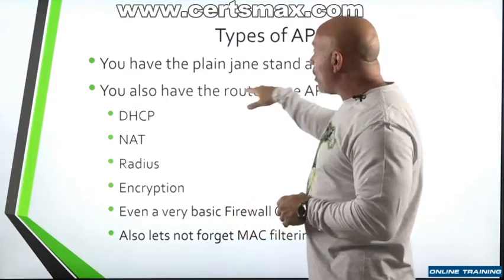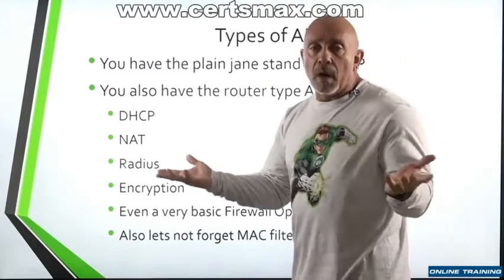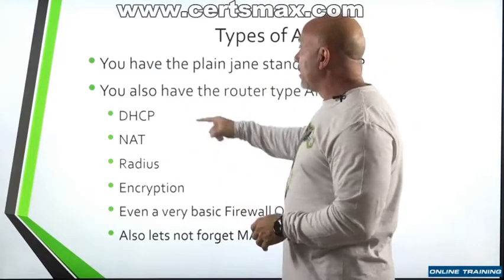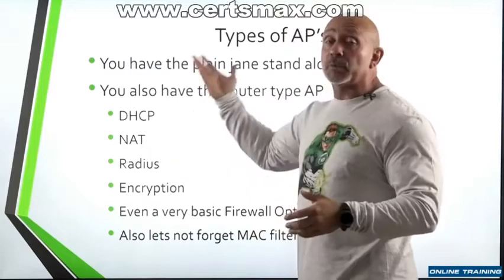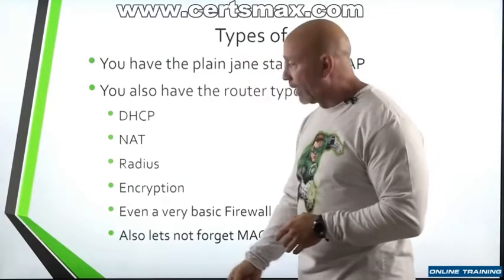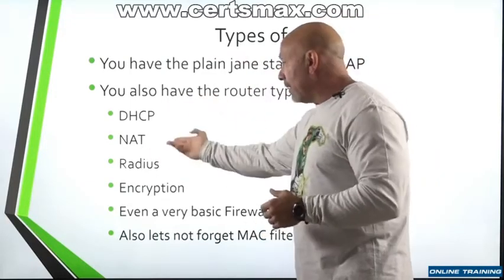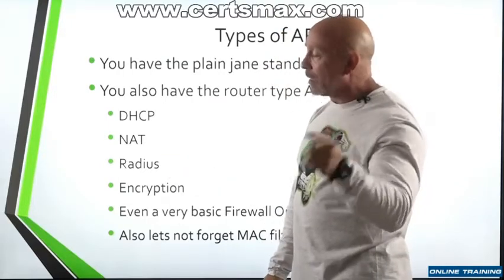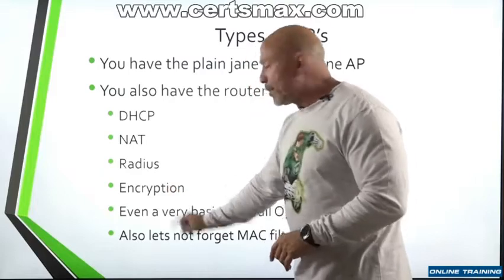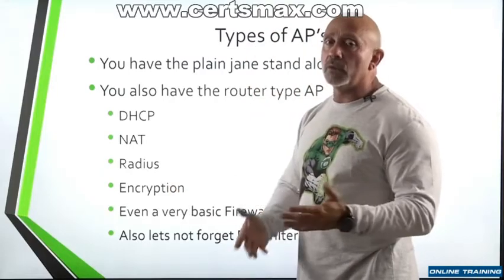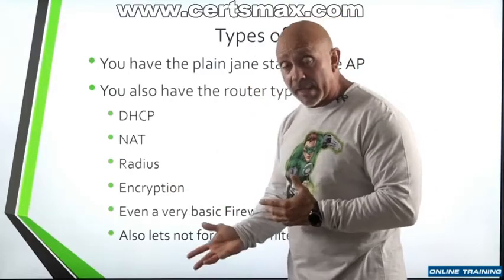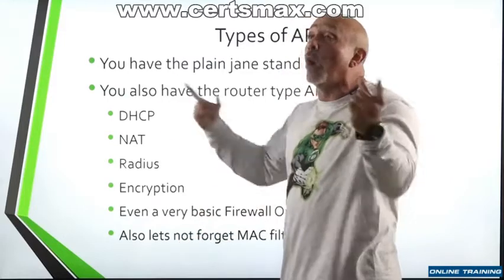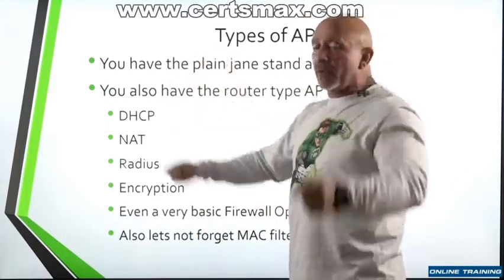So the router you would want, obviously, because it has features that the access point does not. DHCP, NAT, RADIUS, which is in the wireless class. Encryption, right? Meaning you not only change the SSID, which means what? Service set identifier.